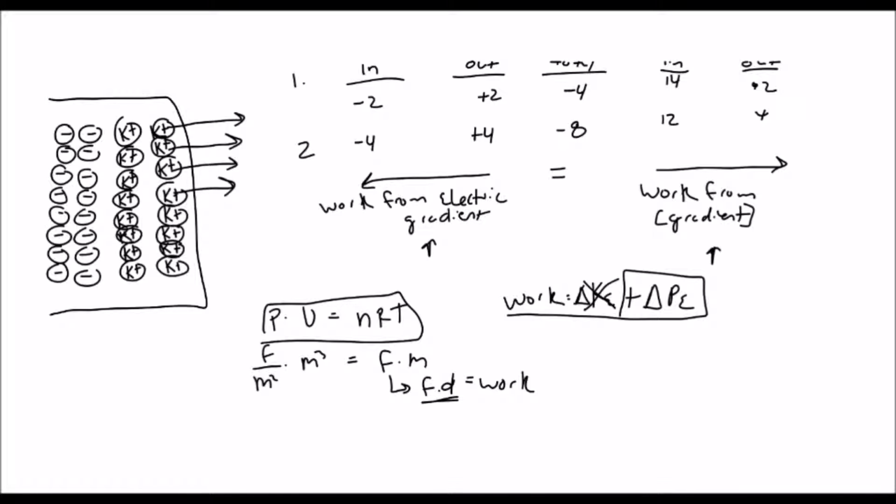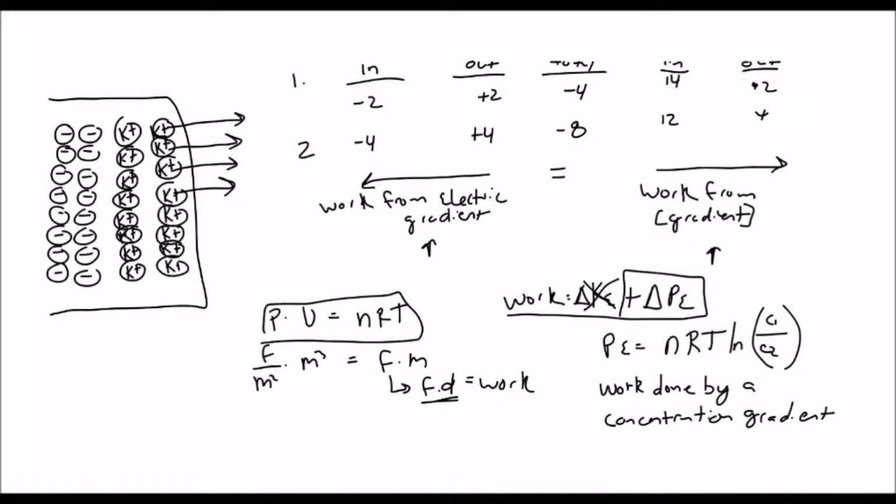However, we can rewrite this: the potential energy is equal to the moles times the gas law constant times the temperature times the natural log of the concentration in one area divided by the concentration in the second area. This is the work done by a concentration gradient.